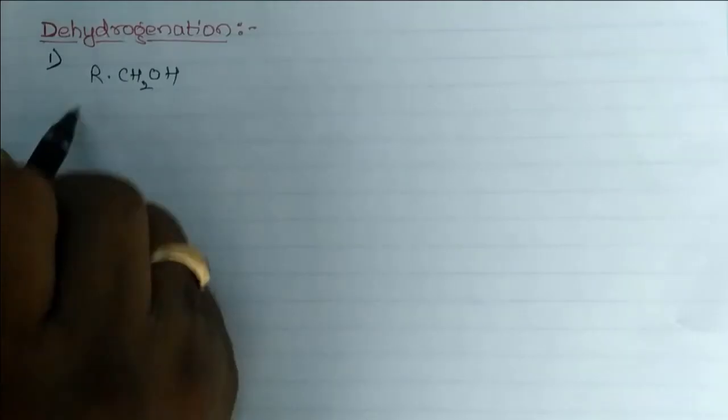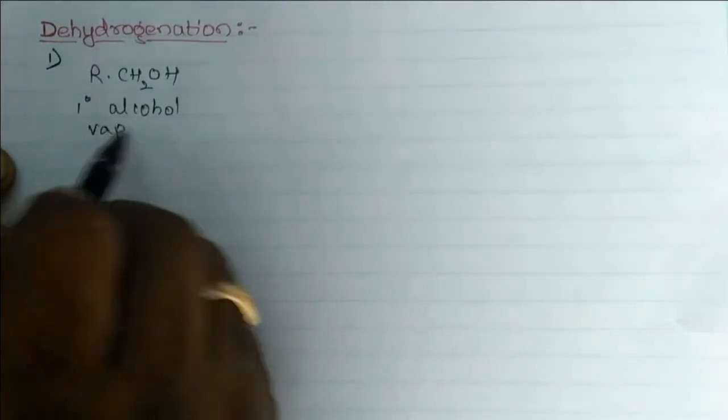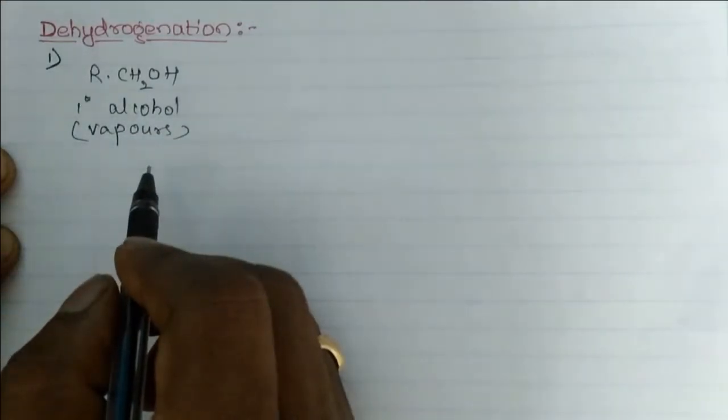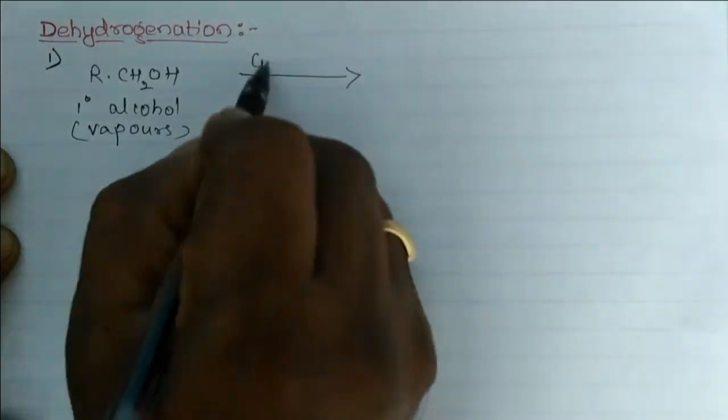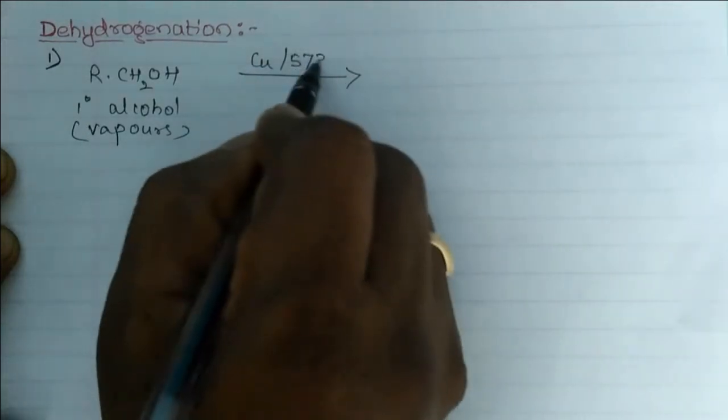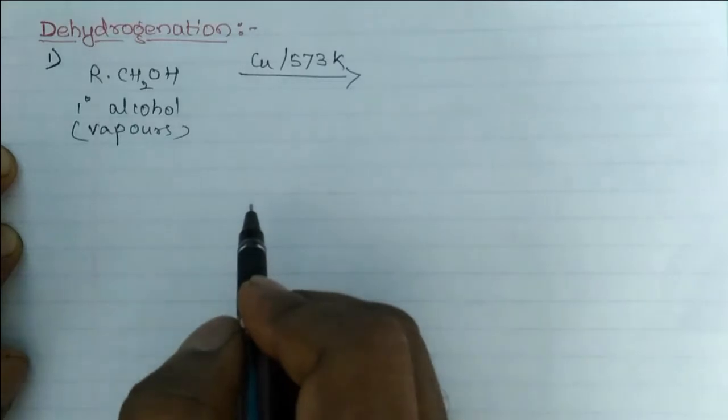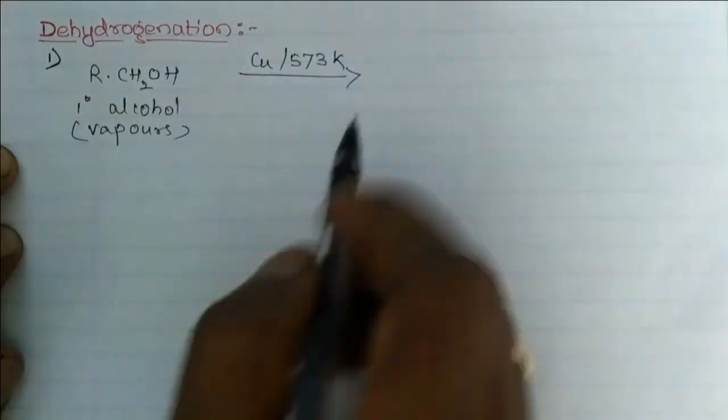Dehydrogenation means removal of hydrogen. When vapors of primary alcohol, the general formula of which is RCH2OH, are passed over copper catalyst at 573 Kelvin, 300 degrees centigrade, dehydrogenation takes place, meaning removal of a hydrogen molecule takes place.